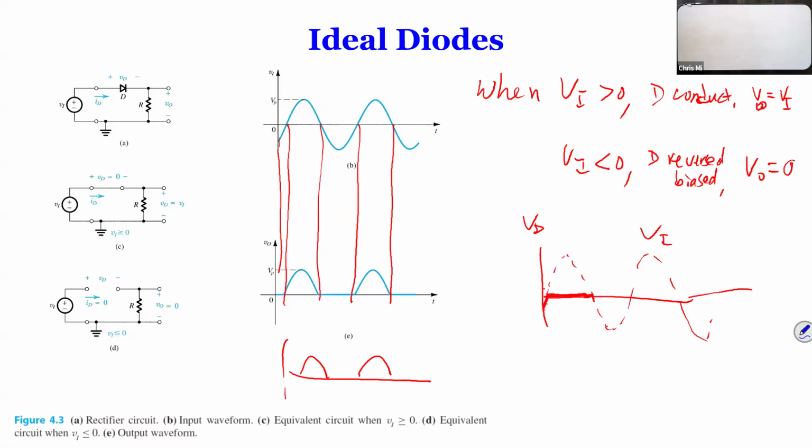And here, that's VD. So if you add VD and VO, oops, you got VI. You got VI. So this is important because if you look at the top diagram, VD positive this way, VO this way, VD plus VO equal to VI. So that's a loop analysis, very simple circuit.